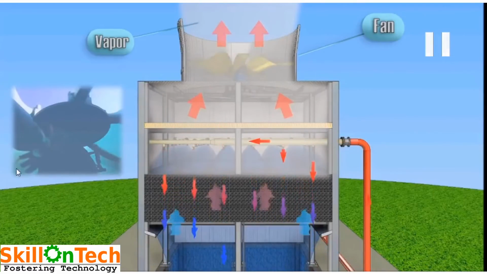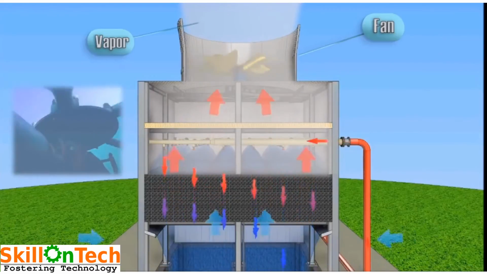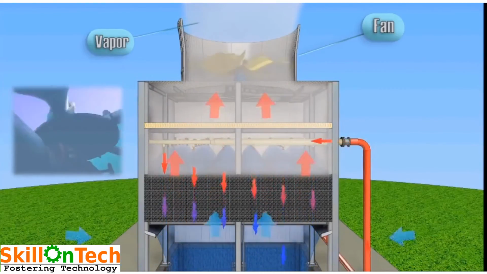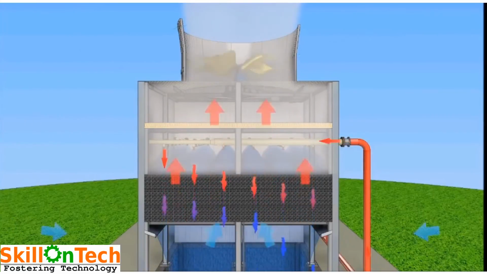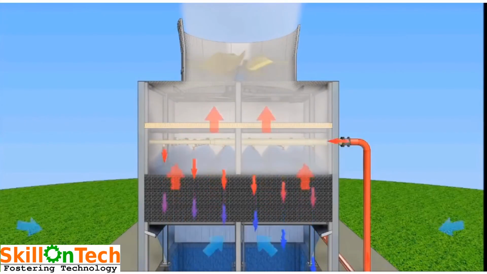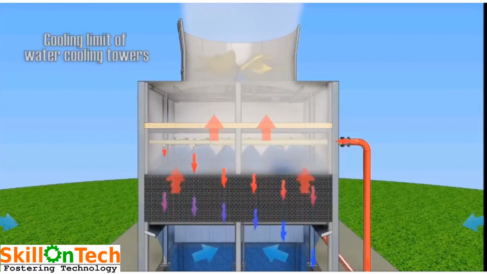So here you can see the fans are rotating, which is mounted on the top of the gear shaft, and this shaft is rotating this gearbox, and the gearbox is a reduction gearbox. So they are defined by the model of gearbox which is used in the cooling tower. So here you can see the air is coming from the bottom going out and continuously it is getting exchanged.